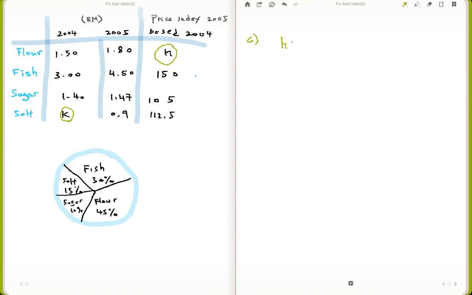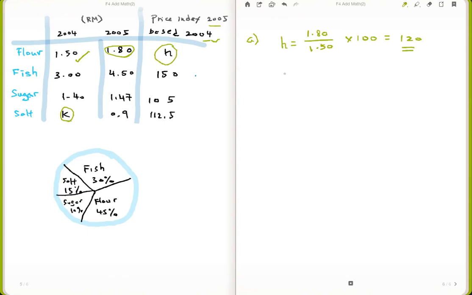Based on the definition, H is equal to 2005 over 2004. So 2005 is 180, over the base time 2004, which is 1 ringgit 50 cent, and then price index times 100. Therefore the answer is 120. Straightforward, done, 1 mark.